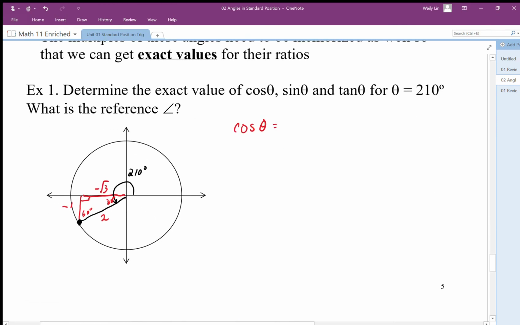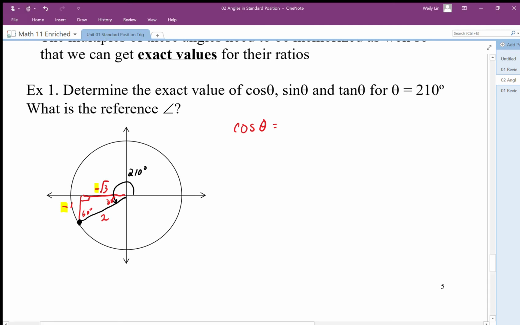And again, make sure that we are dealing with positioning. So to the left √3 and down 1 is different than up 1 or right √3. That's really important when we talk about the ratios.